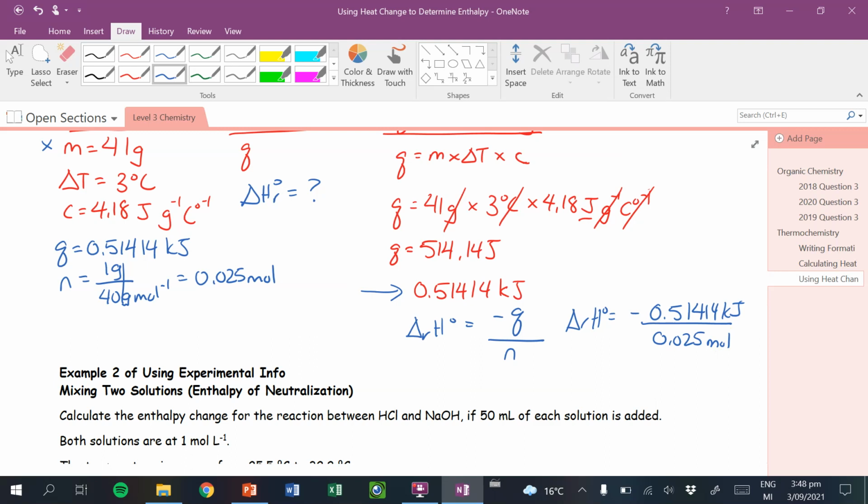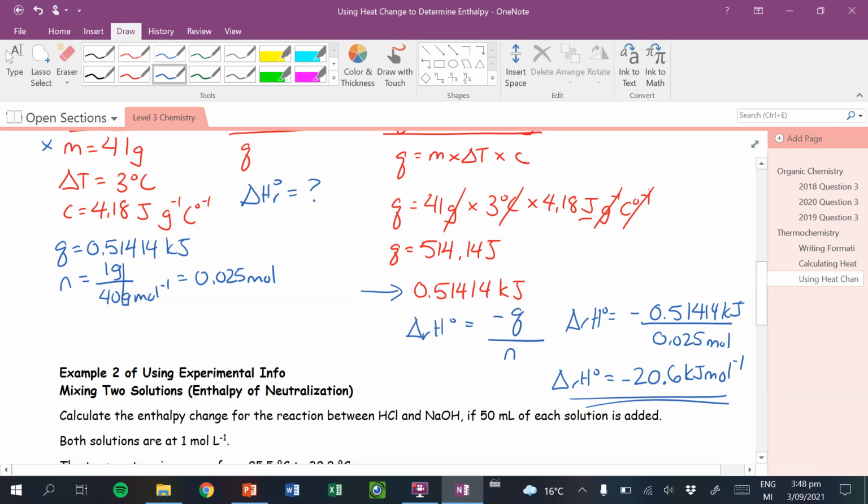So delta H is equal to negative 20, and I'm going to now do my significant figures, 0.6, because I'm rounding it up, because it was 20.5656 kilojoules per mole as my final answer for that enthalpy reaction.